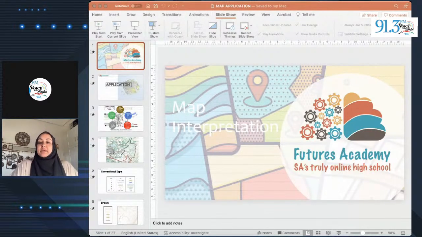The last one is a spot height. So it is a dot with a number next to it. And that will also indicate to us height above sea level. So here's another one here, and another one here, right? There's another one there. So all these will indicate to us height.